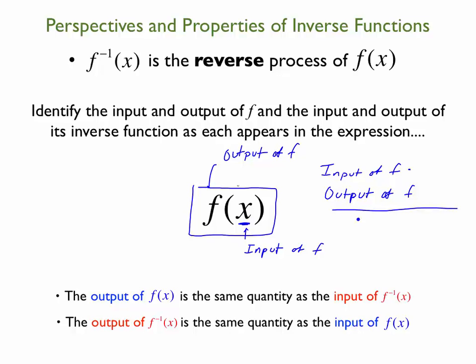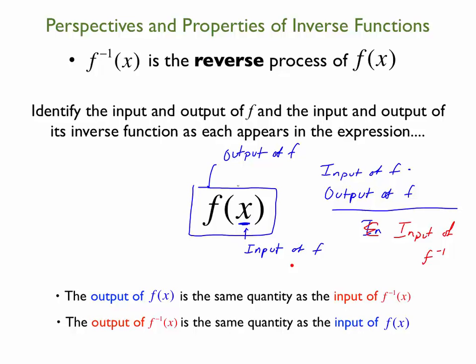Okay, so therefore, where in this notation do you see the input of f inverse? What in that notation represents the input of f inverse? Walter. What about this shows the input of f inverse?